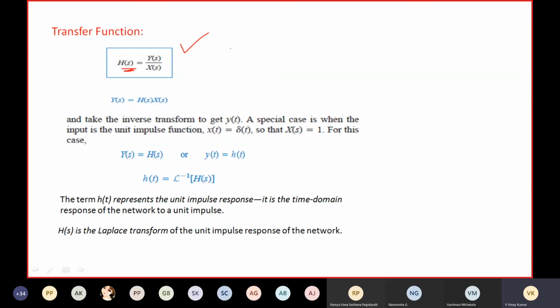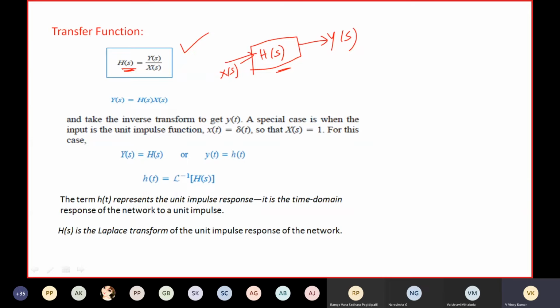Here h of s is the transfer function, x of s is the input given to the system, and y of s is the output getting from the system. Simply, h of s is equal to y of s by x of s.